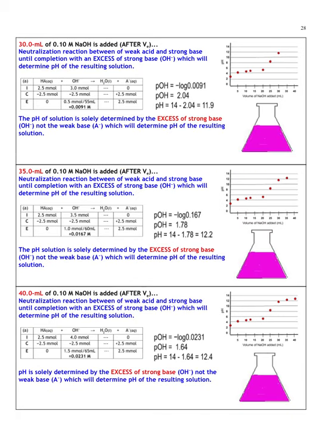So now we're adding a total of 30 milliliters of the base into your 25 milliliters of the 0.1 molar acetic acid solution. So really we're after the equivalence point from here on out. And so it's still a neutralization reaction.